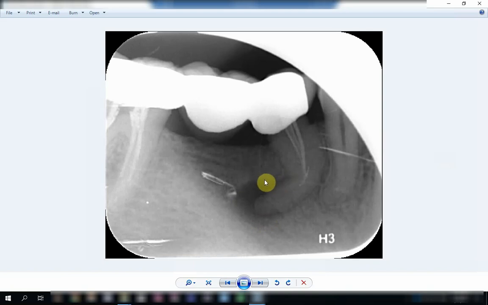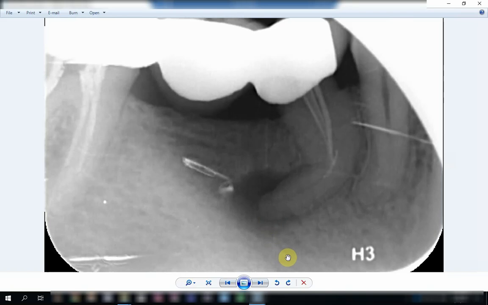Why? Because it is joined together. If there is a mental foramen here and there is no pathology, then we don't see this linkage or union between the PDL and the increased radiolucency which is surrounding the apex of the tooth here. Okay.